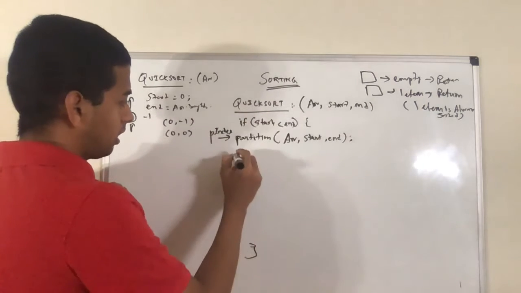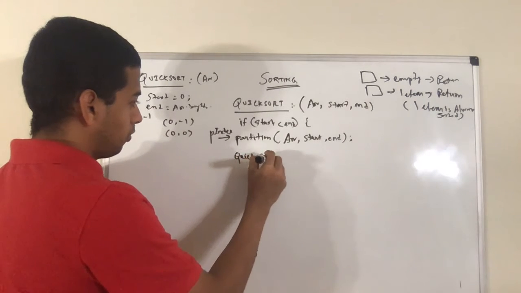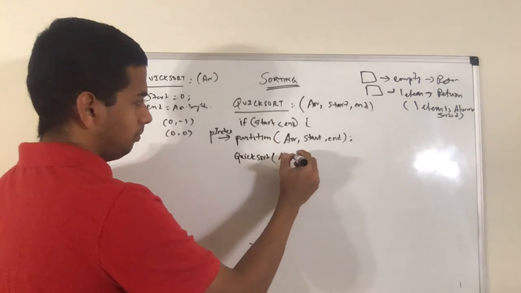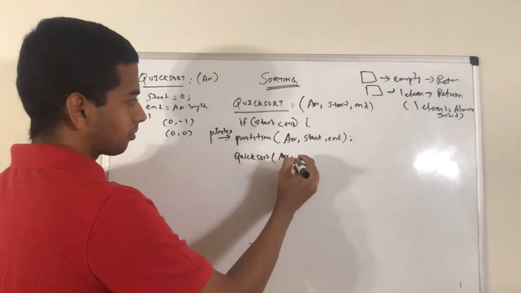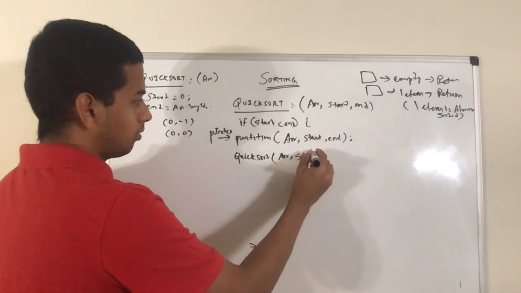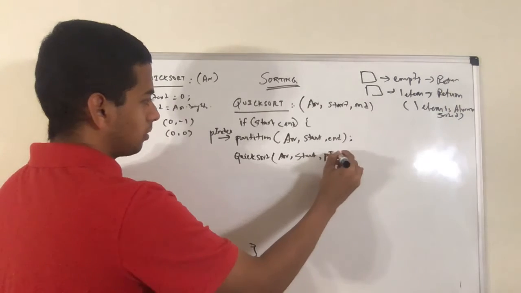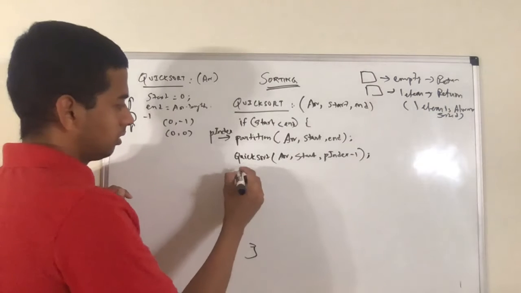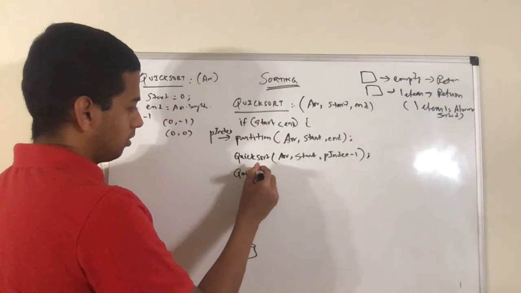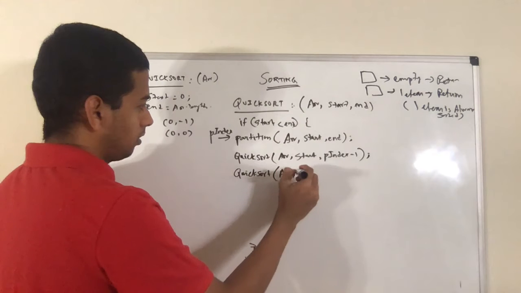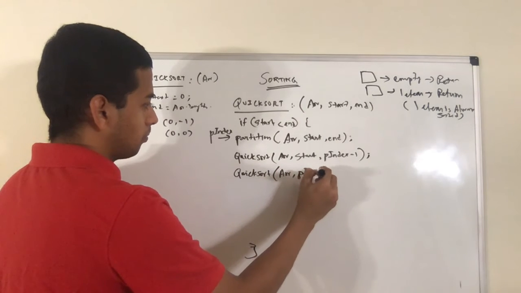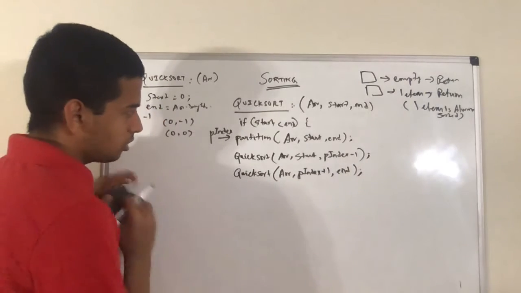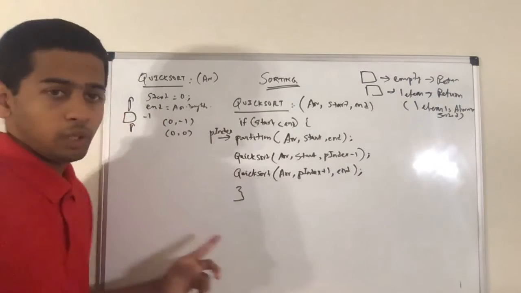Then we'll call quicksort recursively for the array, but this time from start to pivot index -1. This is the left side of the partition. And I'll call another quicksort for the array from pivot index +1 all the way up to the end element. So this is my logic for the quicksort.